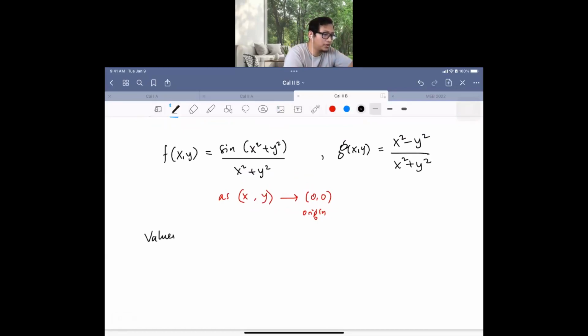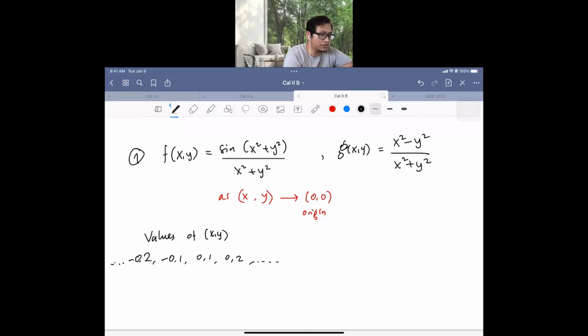So if you check with some values of x, y, one by one, using some numbers closer to 0, like 0.2, or maybe starting from negative 0.2, then negative 0.3, 0.3, and take several other numbers.